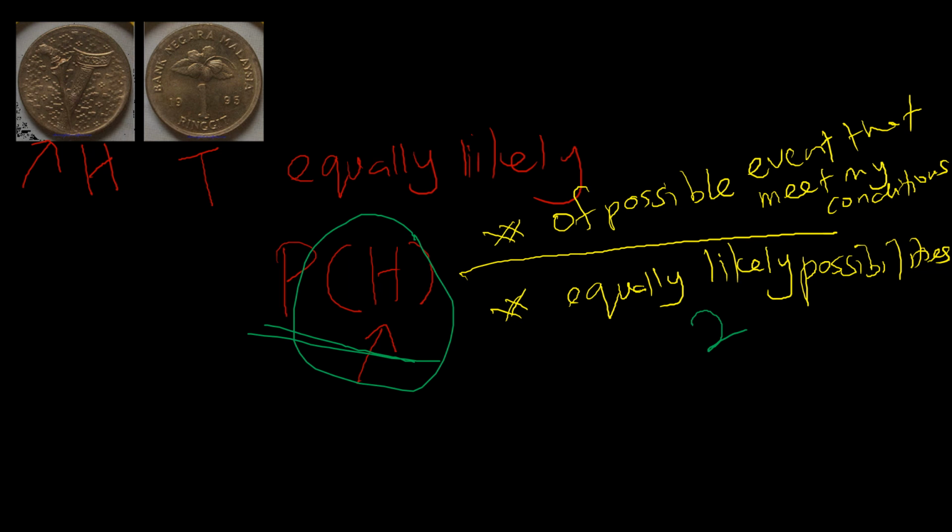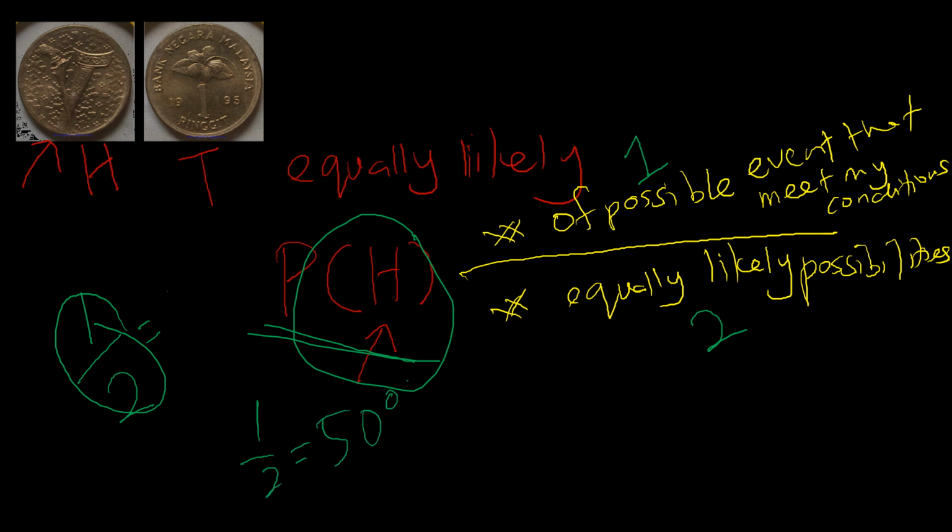Well, there's only one, because the condition is heads. So it will be 1 over 2. So one way to think about it is the probability of getting heads is equal to 1 over 2, which is equal to half. If I wanted to write this as a percentage, we know that half is equal to 50%.